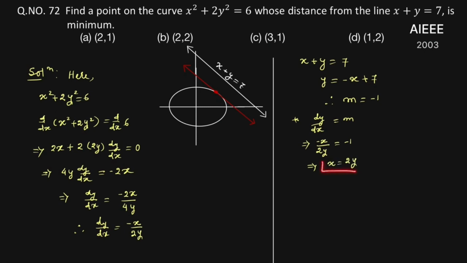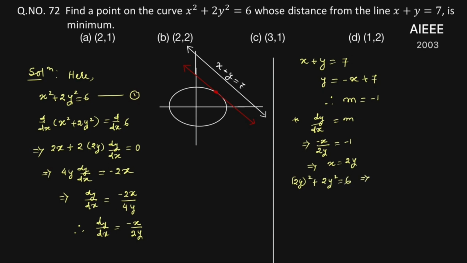Now x equal to 2y, we put this value in the equation of curve. Then we will get 2y whole square, in the place of x we put 2y, plus 2y square equal to 6.